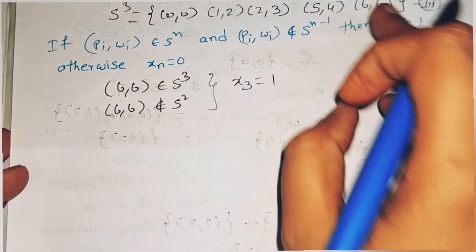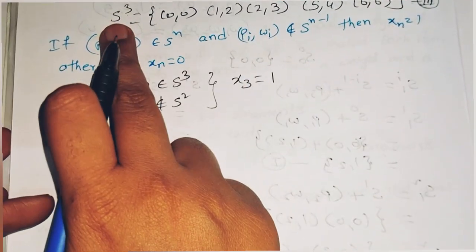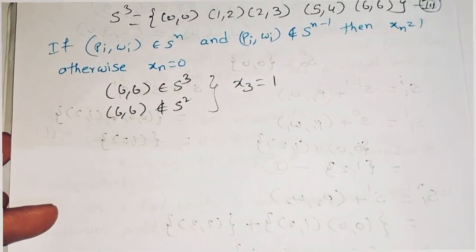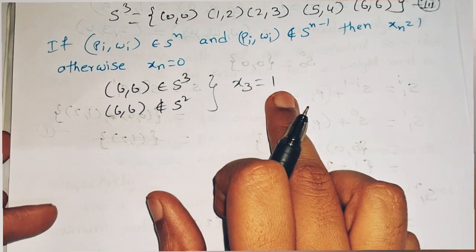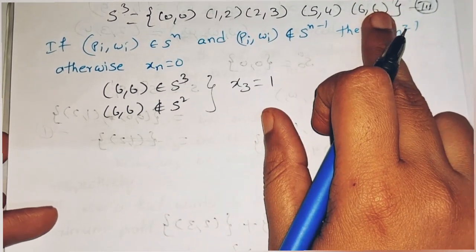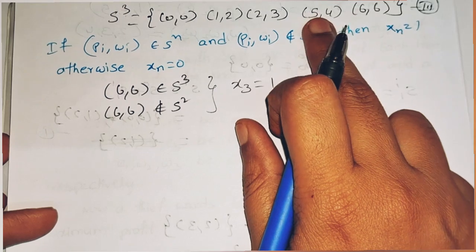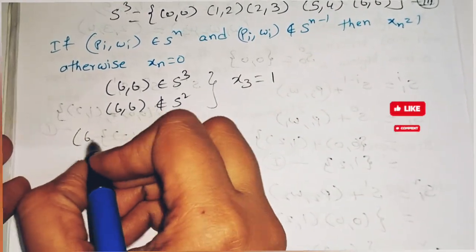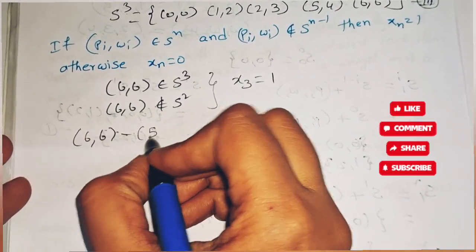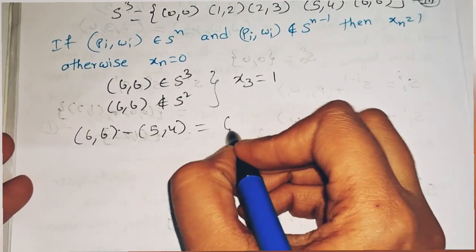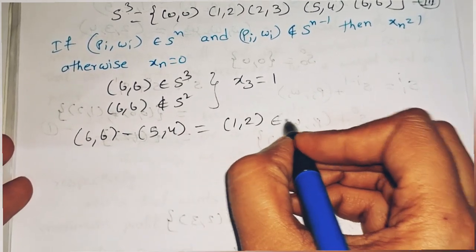Since the 6, 6 is there in the S3, X3 equals 1, it is satisfied. So now we have to remove this one, that's why we are subtracting it from the 5, 4. So 6, 6 minus 5, 4 equals 1, 2, which belongs to S2.